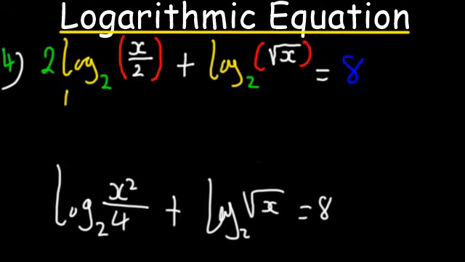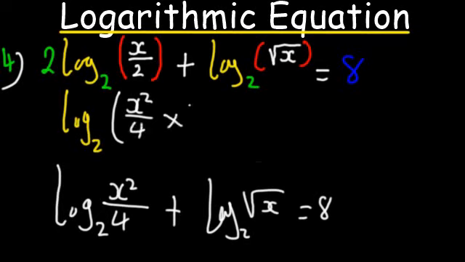So we have log of a base of 2, so we have to multiply this and this together. So that's simply x squared over 4 and multiply by square root of x over 1, I just put it in a fraction, to be equals to 8.